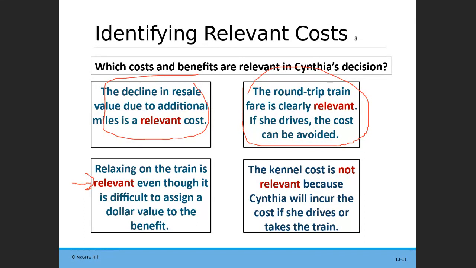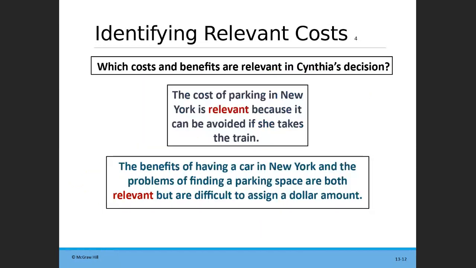Kennel cost not relevant. The dog has to go to the kennel whether she takes the car or the train. Parking in New York, definitely relevant. If she takes the train, she doesn't have to park. Parking in New York and having a car to drive around in are relevant, but it's kind of hard to assign a dollar amount. I don't know.